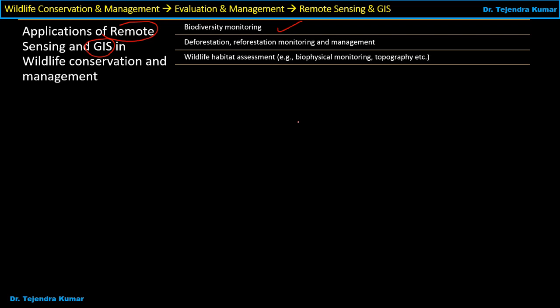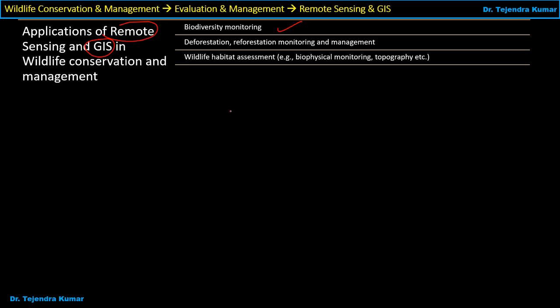Wildlife habitat assessment can be done, for example, biological monitoring, topography, etc., as I told you in the last slide as well. Topography can be identified, and biophysical monitoring can be seen. Before going there to analyze, we can get a complete picture from the satellite, and we can easily make the map and our plan of working and going there, and find out the routes.